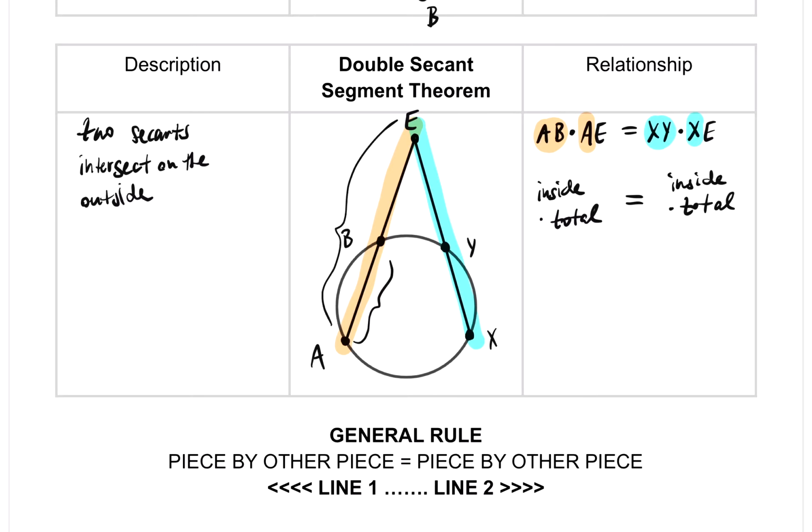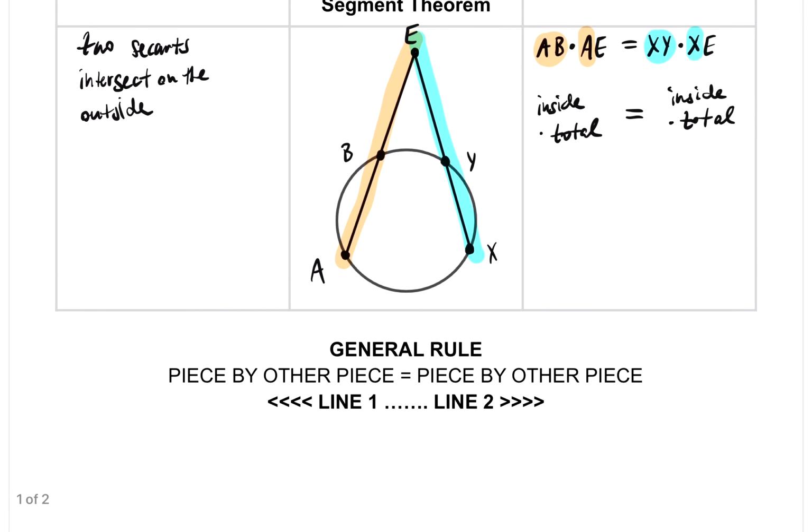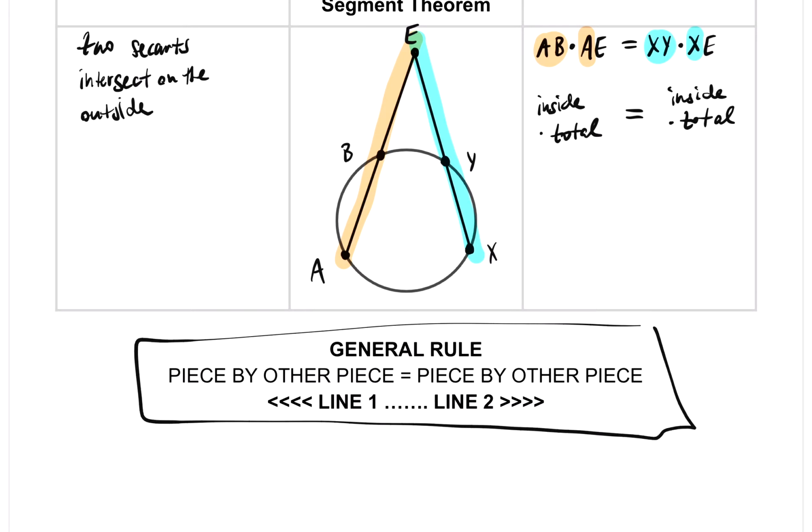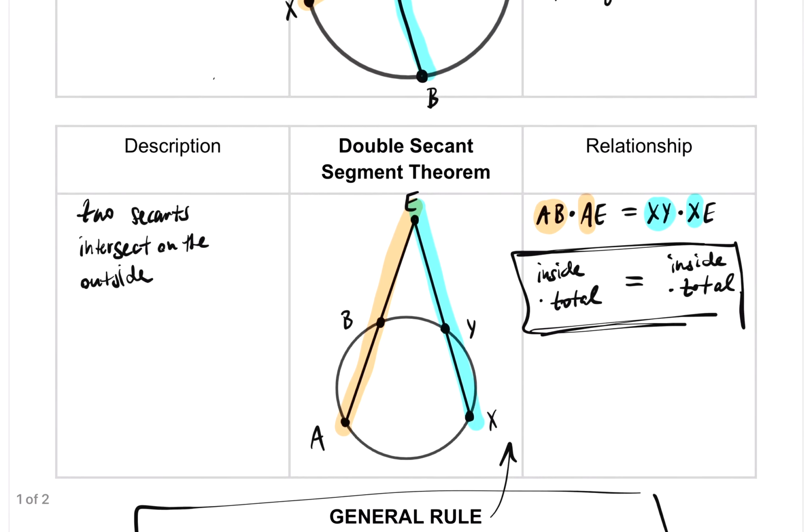Exactly. This AB times AE, XY times XE, okay? So here's what we're looking for down here. Piece by other piece equals piece by other piece. Okay, do you guys see this? Except in this case, on the bottom one we want this. The general rule for the top one is up there. Let's just get us to think about it now.